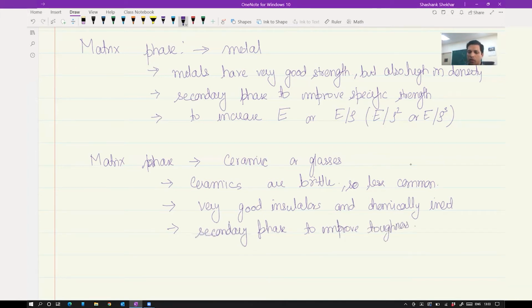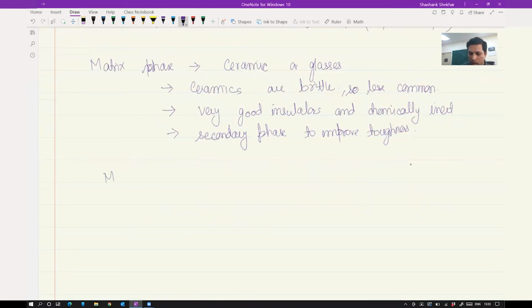The third possibility is polymers. The good qualities of polymers are good ductility and insulating properties, but on the other hand, they have low strength and creep resistance.